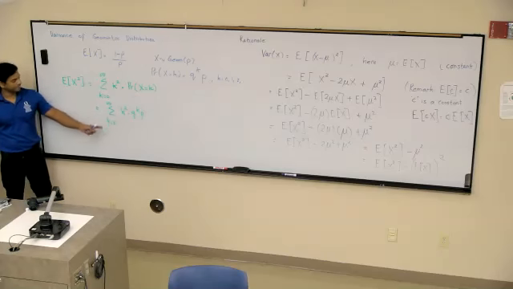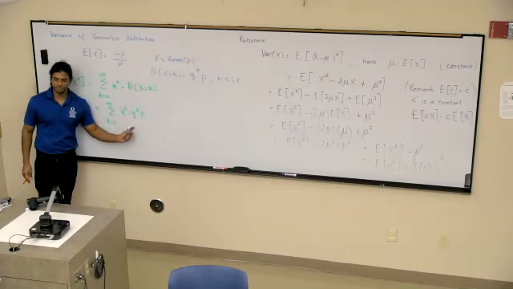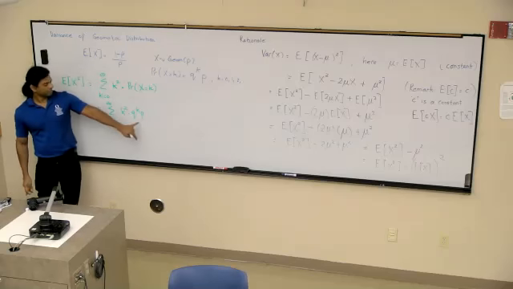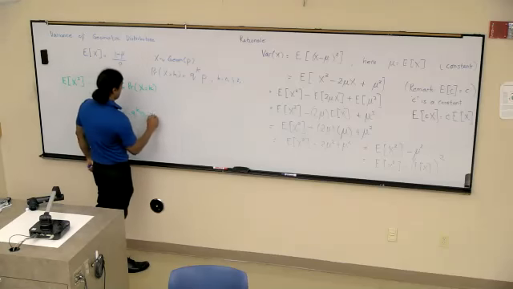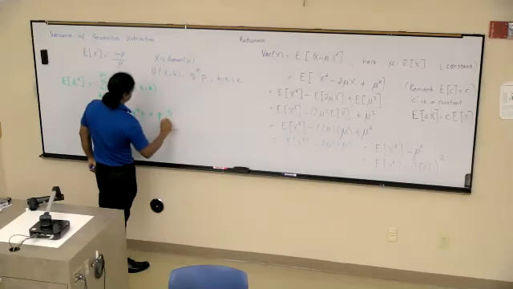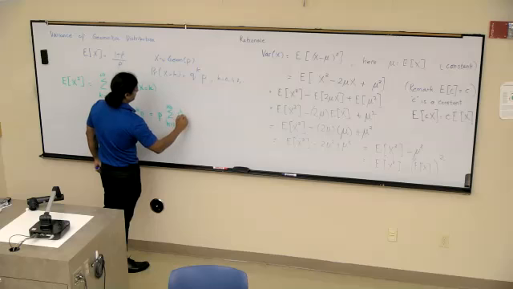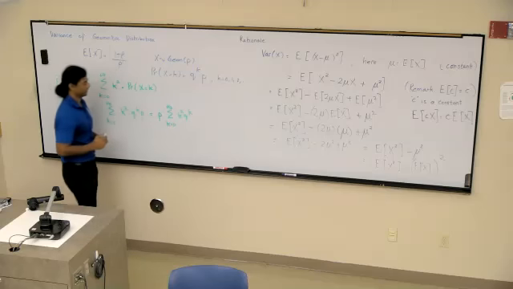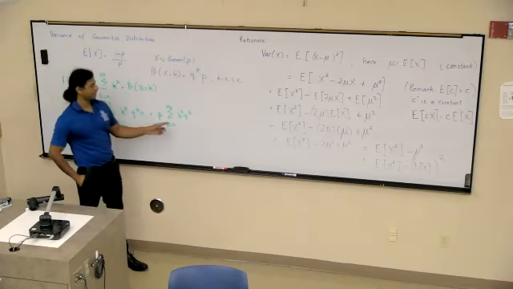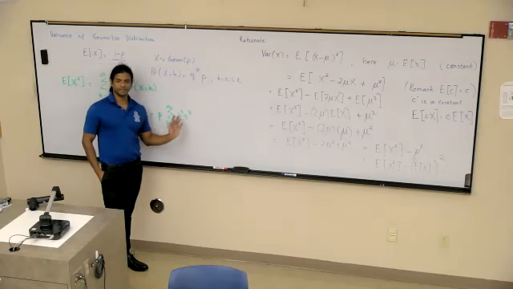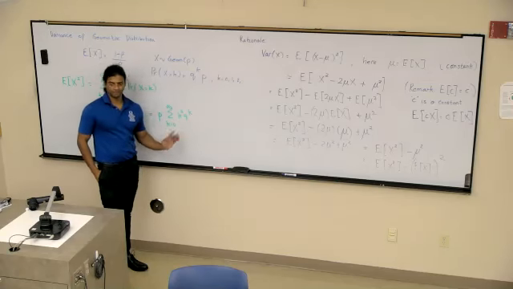So k squared multiplied by the PMF, q raised to k multiplied by p. P is a constant, so I can pull that out. So now we end up having k squared multiplied by q raised to k. Agreed.